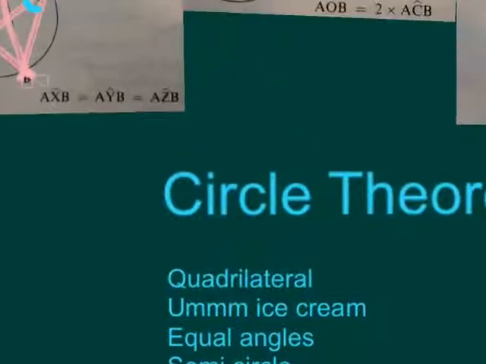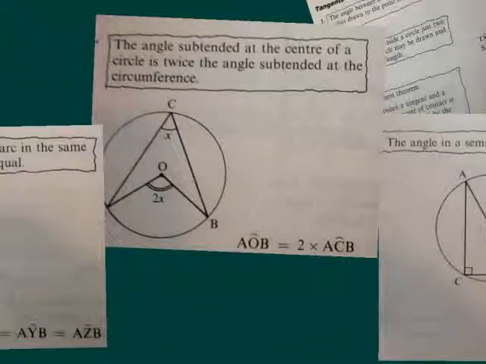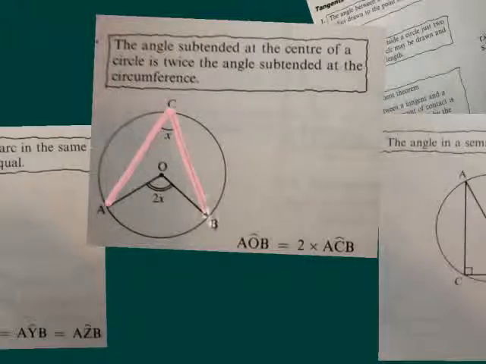Let's go and see, there's another one here we can look at. Let me just get this one up to the front. There we go. Okay, so looking at this one, we've still got that type of idea from the same arc. We've got an arc between two points, A and B, and we've drawn up to the circumference and down again.